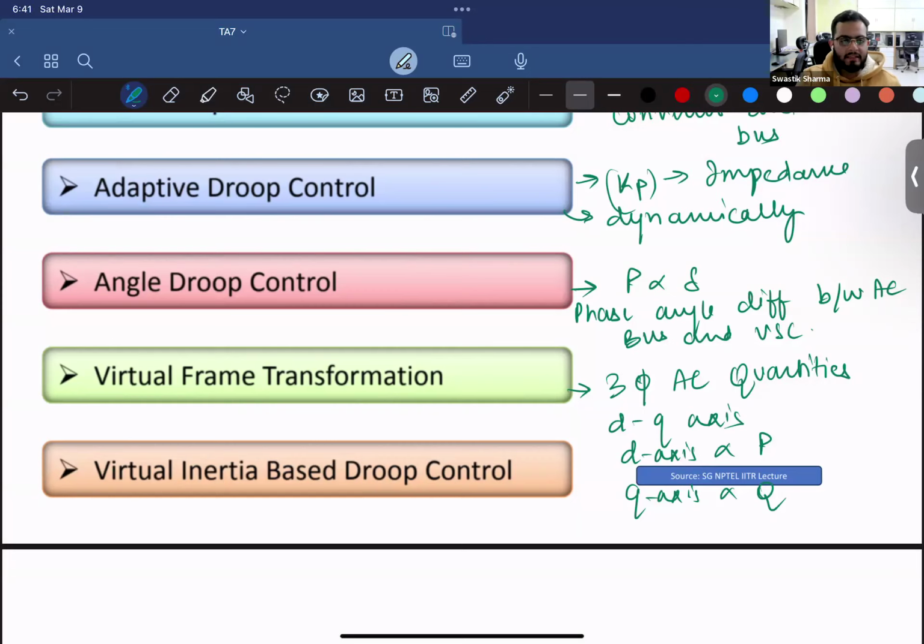The other thing is virtual inertia based droop control. So what does virtual inertia do? It is used to add another layer of support. So what is inertia, if I ask you? Whenever a rotating mass rotates, say there is a turbine, how is it rotating?